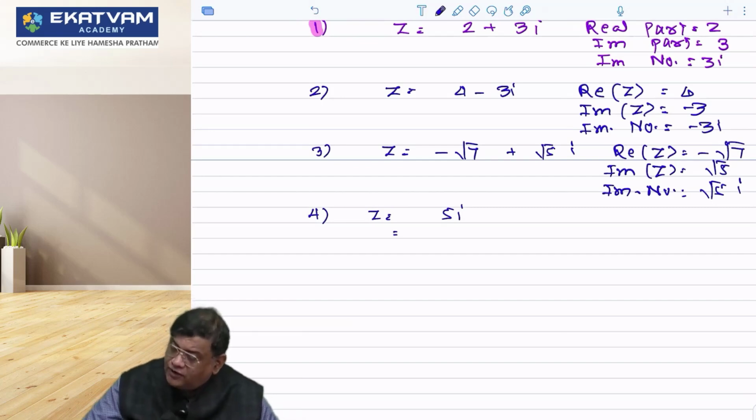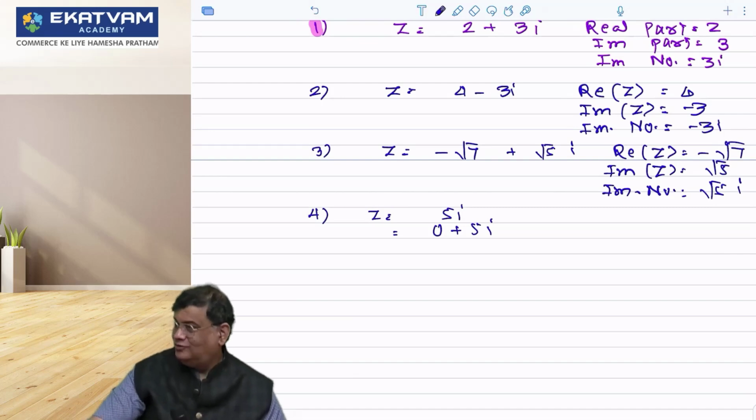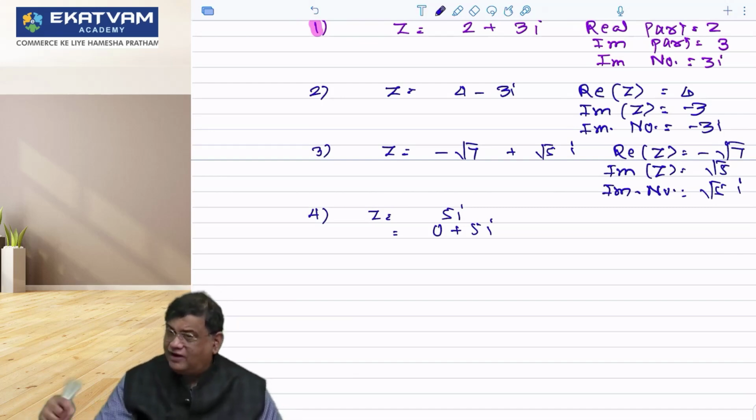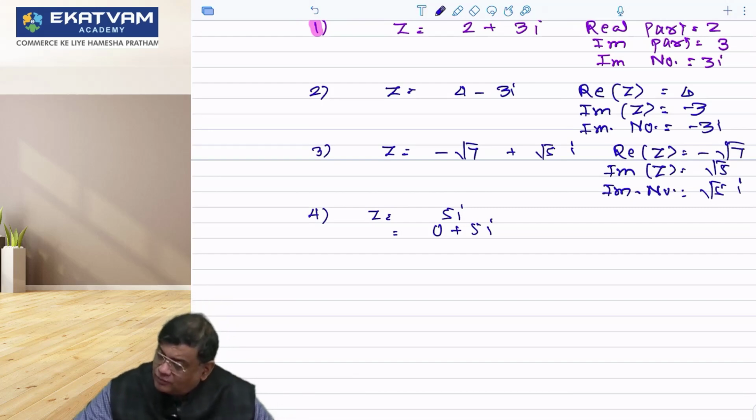I can write 5i as 0 plus 5i. It's a complex number. 0 can be added anywhere. Therefore, this is a complex number in which the real part of z is 0 and the imaginary part of z is 5, and the imaginary number is 5i.